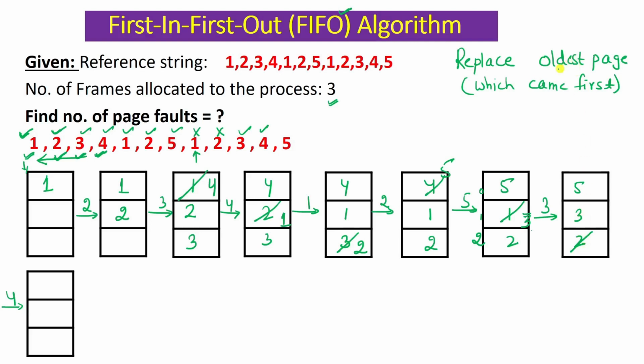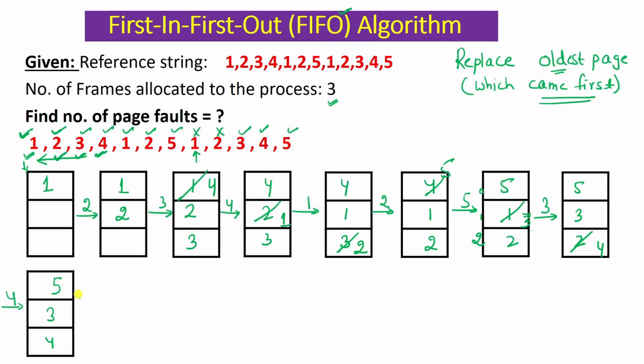This came first. Here oldest means the page which came first. You have to take care of this when LRU comes, where you have to take care which is the oldest and what is the meaning of the first. So 2 is replaced by 4, and my new content will be 5, 3, 4.